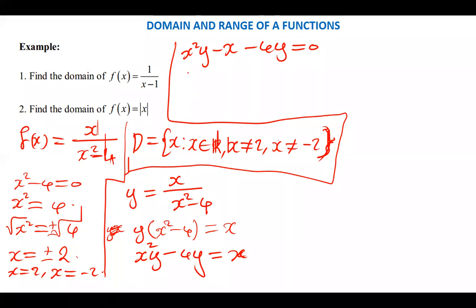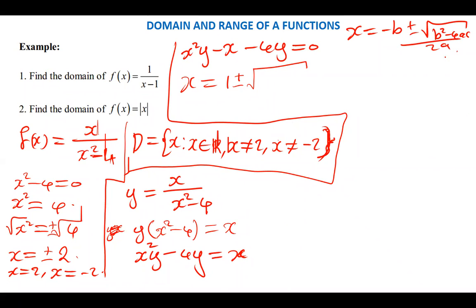If you want, you can just say x is equal to negative b, which will be the coefficient of x there, which is just a -1. So negative b will be 1, plus or minus the square root of b squared, because the formula is x is equal to negative b plus or minus the square root of b squared minus 4ac, everything over 2a.